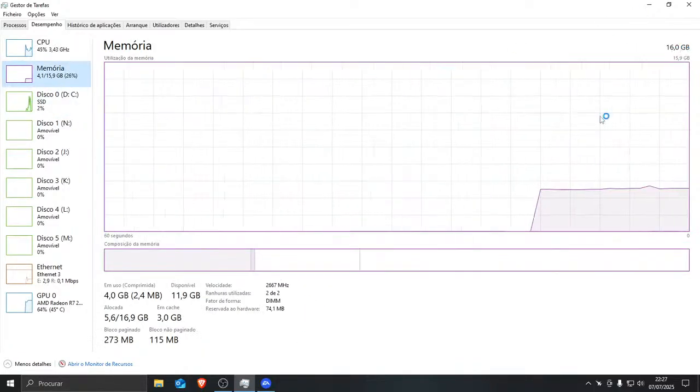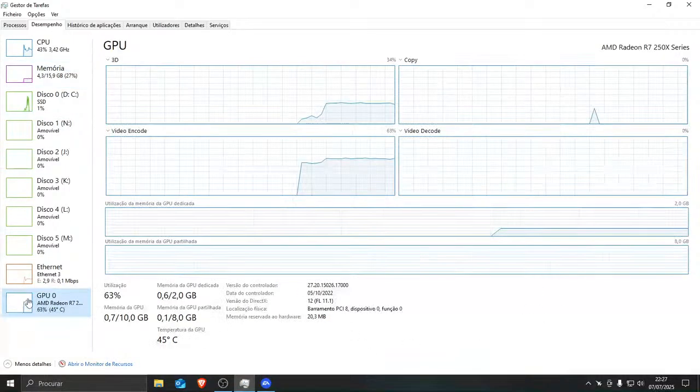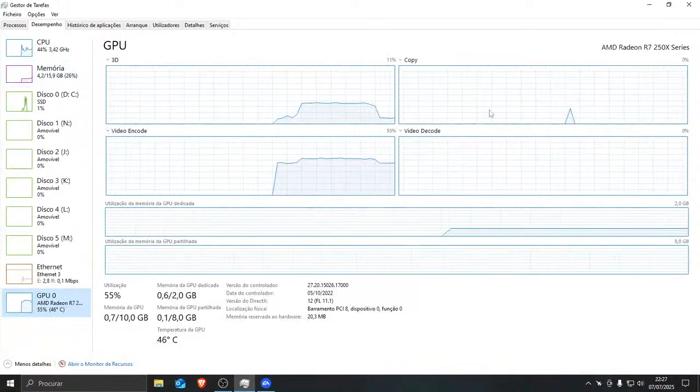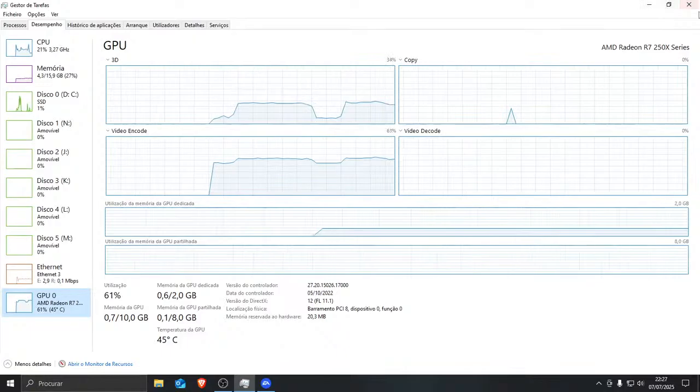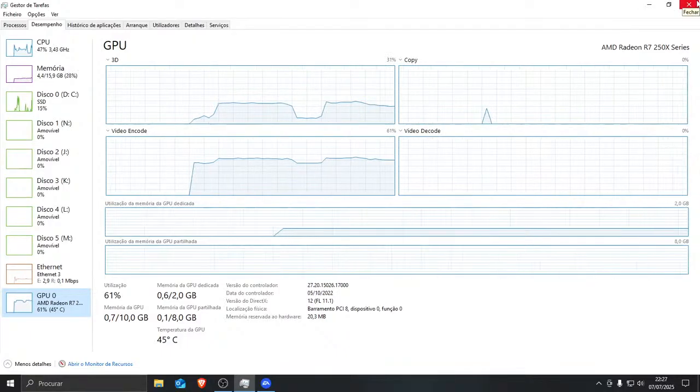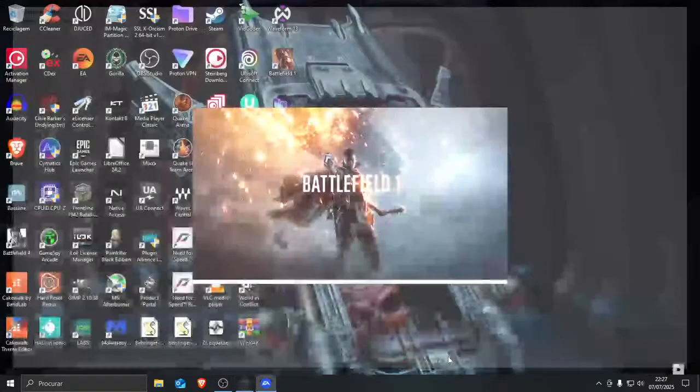And then the memory, 16 gigs of 2666 memory, and then the GPU. These are the video encoders, 3D, and copy, and there's dedicated and shared memory utilization. So we have 2 dedicated and 8 shared. This one can also share some of the system memory, sort of like HyperMemory, like the old GeForce 9500 GTs had and stuff like that. So there you go.